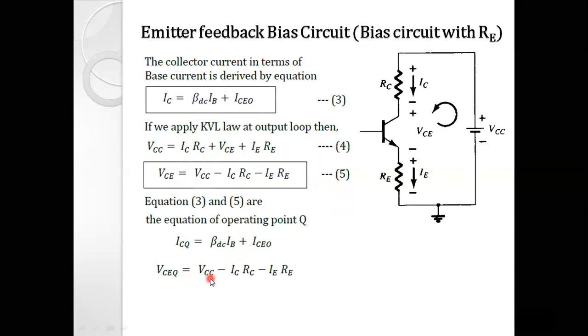So VCEQ is equal to VCC minus ICRC minus IERE, and IC, that is from equation number 3, ICQ is equal to beta DC into IB plus ICEO, right? So this is how we can find the coordinates of the operating point and ultimately the location of the operating point on the output characteristic.